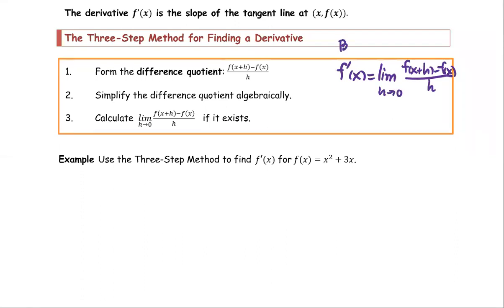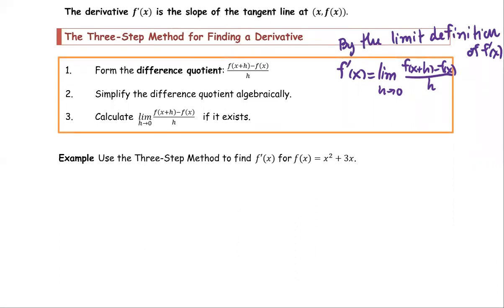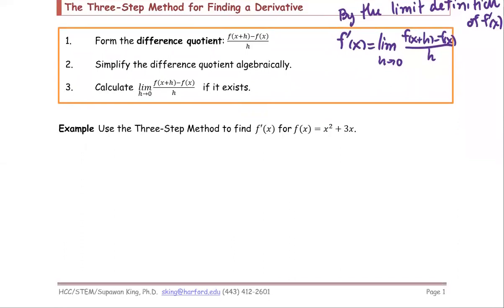This is called the limit definition of f prime, because we use the limit. We did some limit problems in section 2.1. So now we're going to put pieces together to come up with the derivative of the function. But it's kind of still in a tedious way. But just be patient and hang in there.